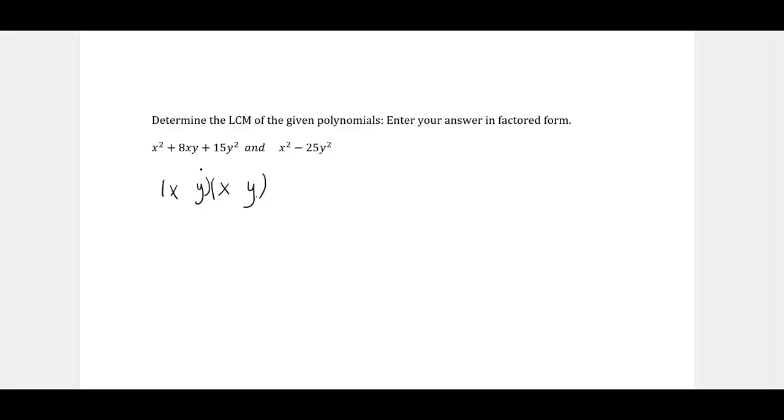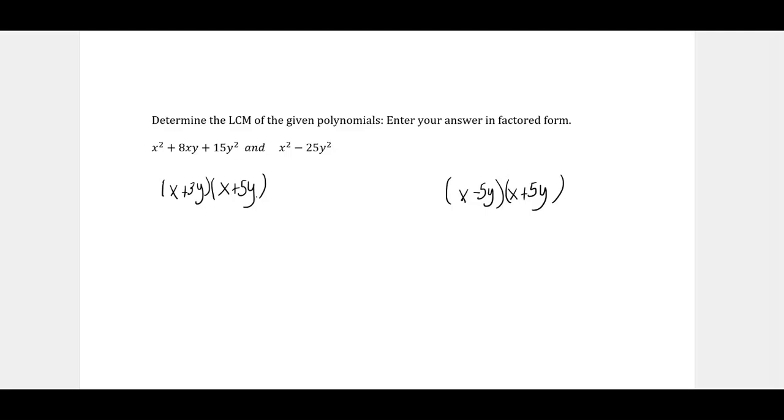Of course, we'll use our factoring method, so we're not going to go over the factoring portion here, but we'll factor using x plus 3y times x plus 5y. For the second polynomial, x squared minus 25y squared, the factors are x minus 5y times x plus 5y.